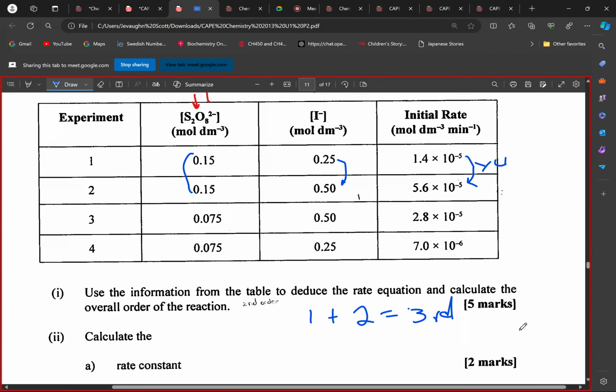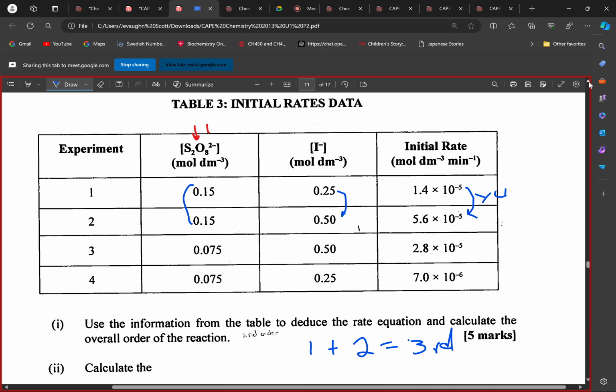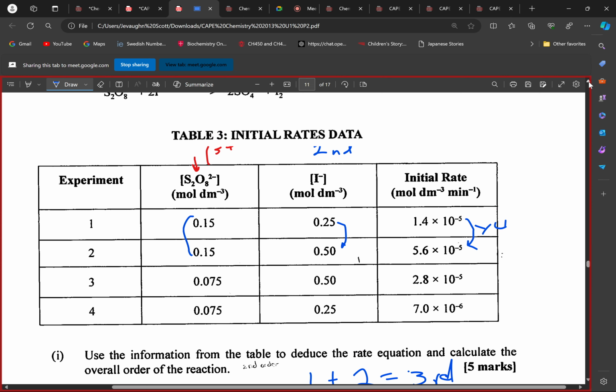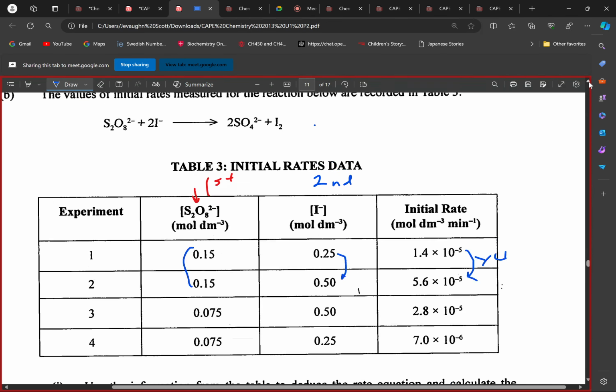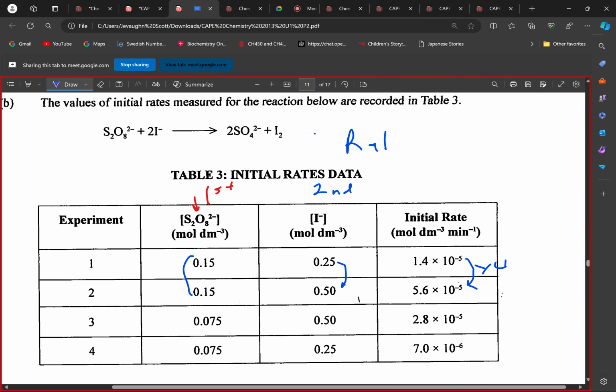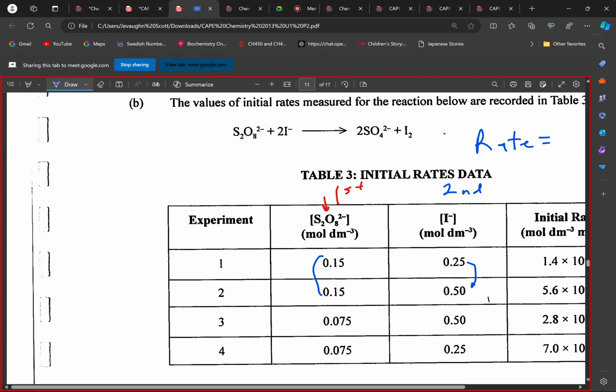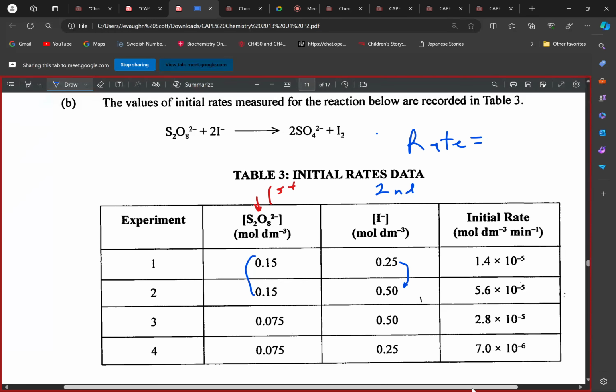So what's happening now? If we deduce the rate equation, what would the rate equation be? Rate equals k times the concentration of S2O8 2 minus, in square brackets.